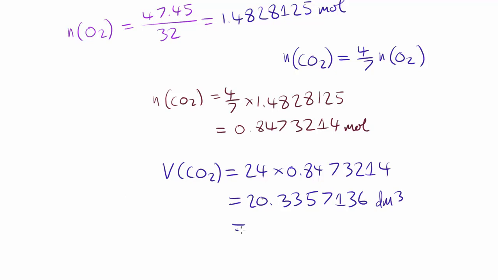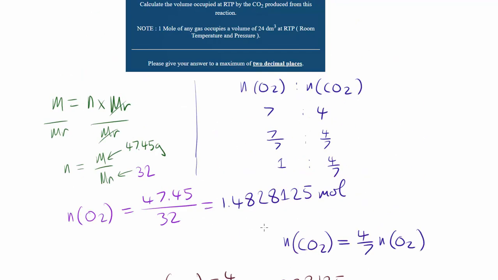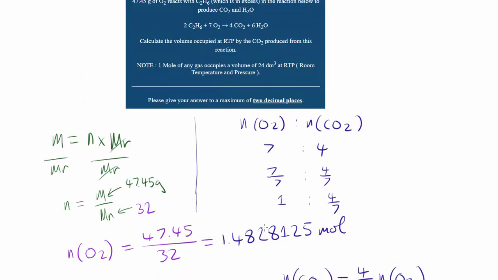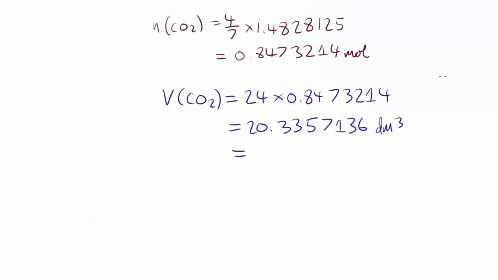Let me explain why I'm doing this next step. If you pay attention to what the question says right at the end, it specifies to give the answer to a maximum of 2 decimal places. So that is what I'm trying to do at this stage, make sure it's to 2 decimal places.